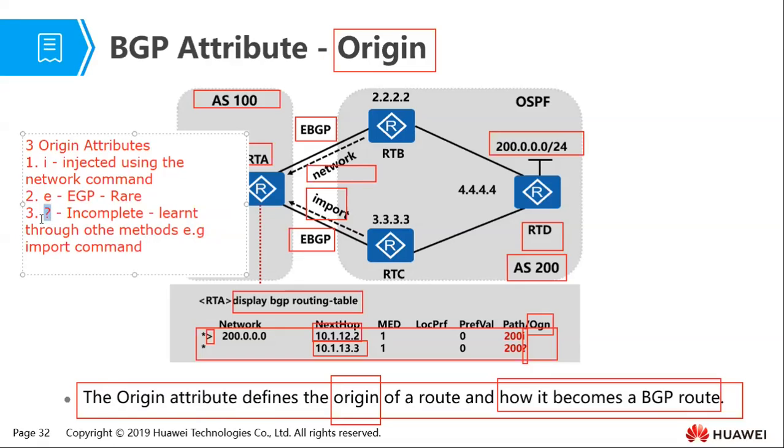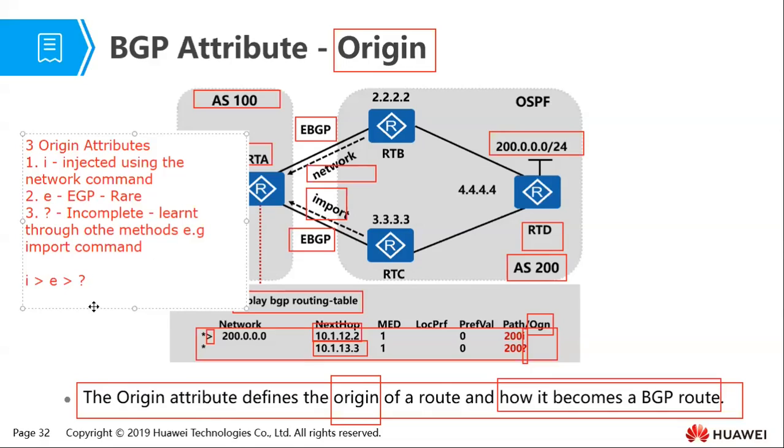Now, why are these three origin attributes important? What do they mean? Because each of them has a particular priority or preference, and this is how the preference is actually aligned.